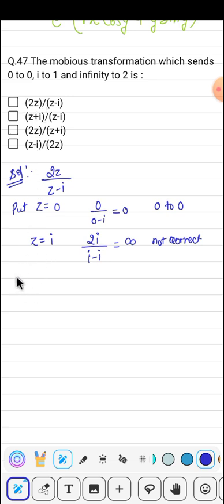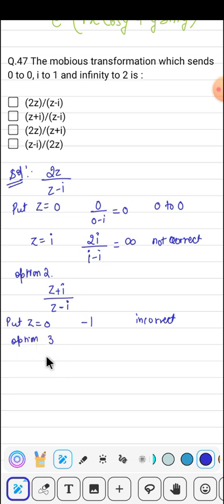Let's see option 2. Option 2 is z plus iota upon z minus iota. Now first put z equal to 0. When I put z equal to 0, I get minus 1. So option 2 is incorrect. Let us check option 3. Option 3 is 2z upon z plus iota.